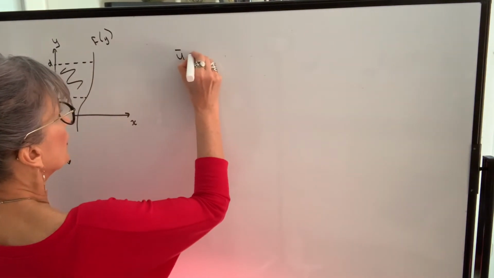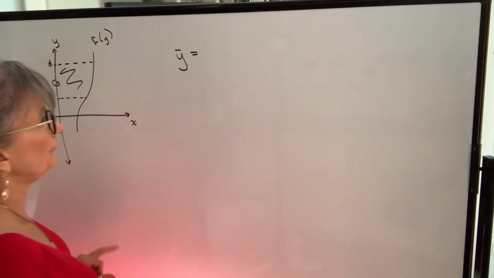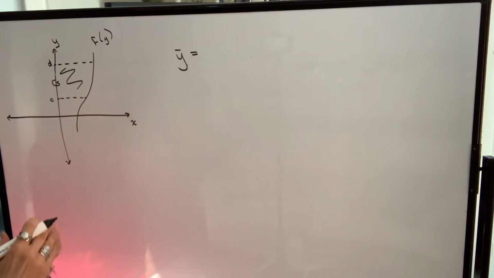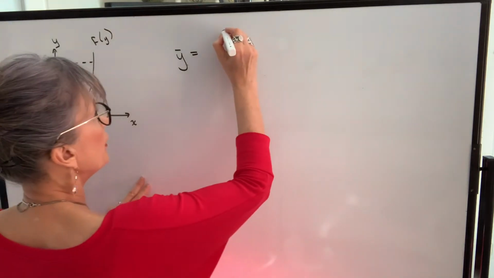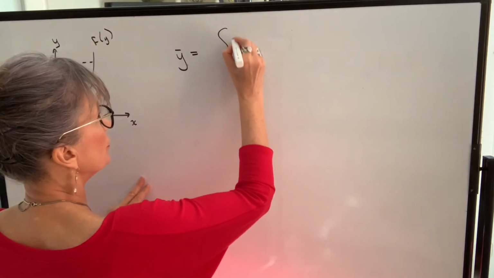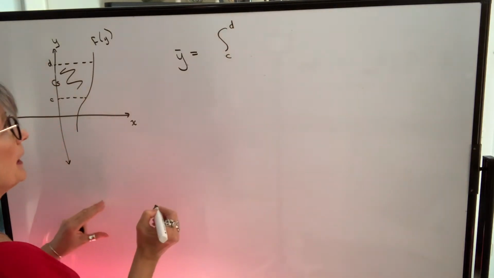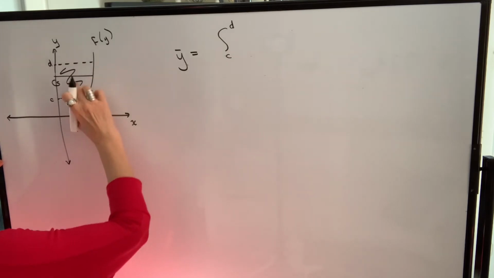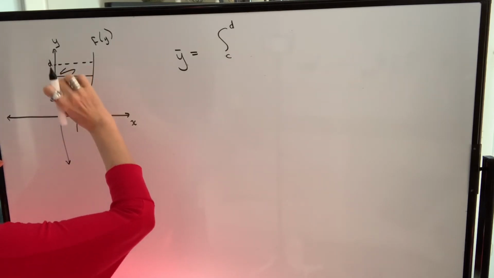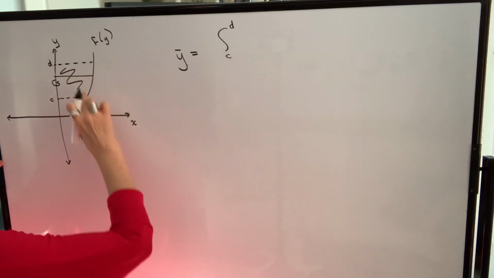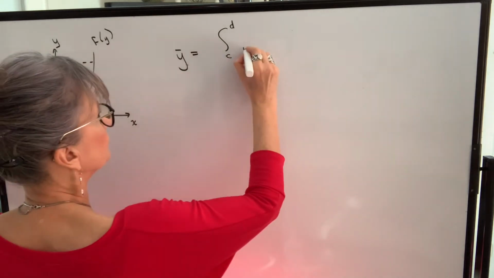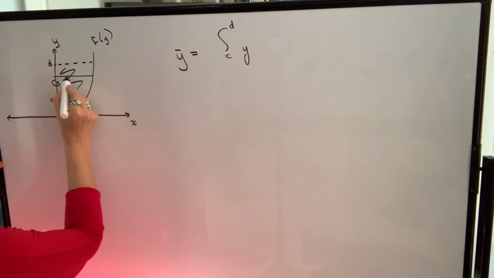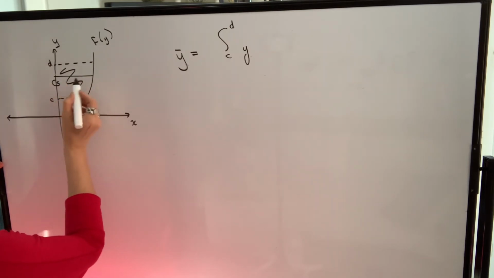So the y-coordinate of the centroid of this volume can be found by finding the sum of the first moments, which we do using integration from c to d. We're using horizontal rectangles, so it would be the perpendicular distance to the x-axis, which is y, times the volume of that representative rectangle as it rotates around and becomes a disk.